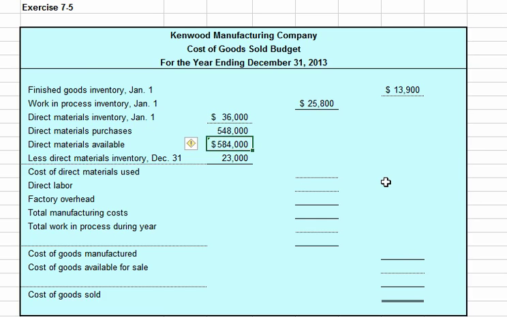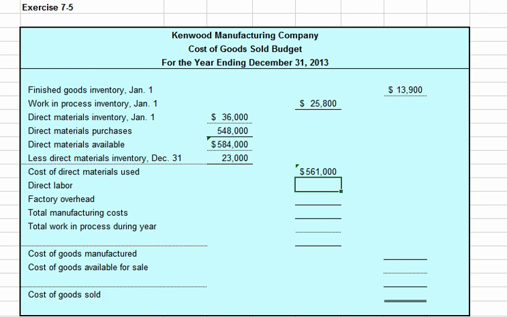That's all we had, right? Subtract what's left in direct materials inventory at the end of the year, or what we've in the past called raw materials inventory. And that difference would be what we used during the year. So I'm just going to say $584,000 minus the $23,000. And that gives us $561,000 cost of direct materials used.